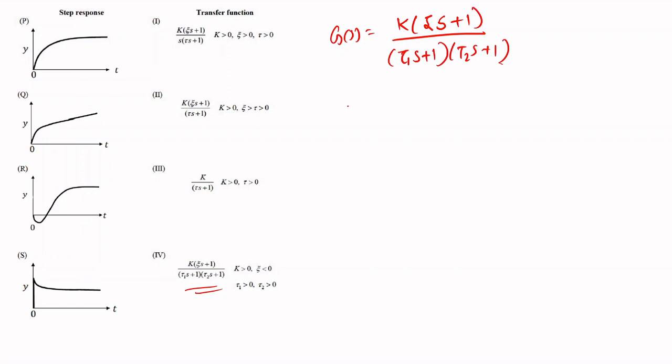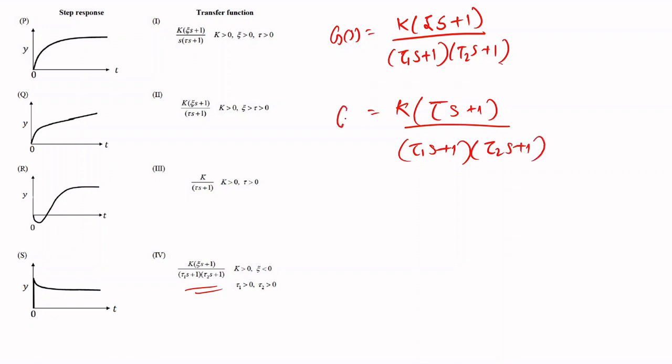So if any process is having components which provide us an inverse response, then the transfer function can be written in the form of k tau s plus 1 upon tau 1 s plus 1 upon tau 2 s plus 1. And if the zeros of this transfer function, that is the roots of the numerator, are greater than 0, we can say that we are having an inverse response. In case of an inverse response, initially the response will be in one direction, and at the end the direction of the response will be another.